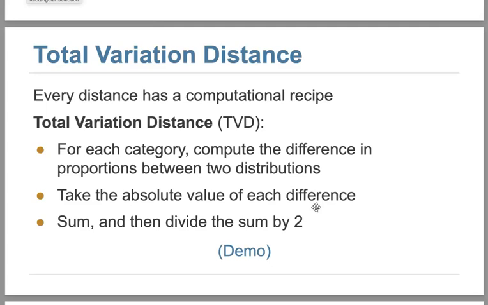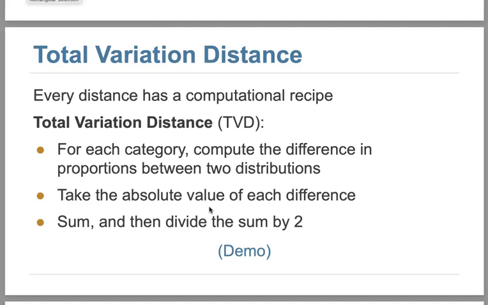Every distance has a computational recipe. For each category, we need the difference in proportion between the 2 distributions. Then we do this for each category. To find the distance, of course, we need to take the absolute value, so we include both cases where the difference is less than or more than, and negative and positive values won't cancel each other.